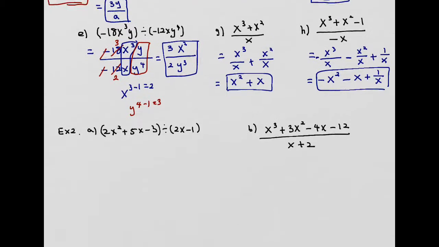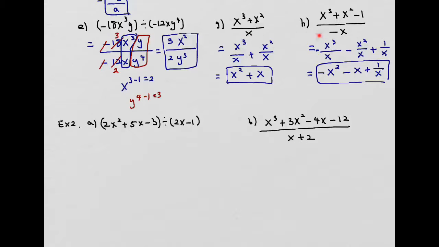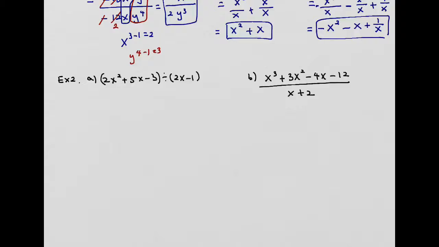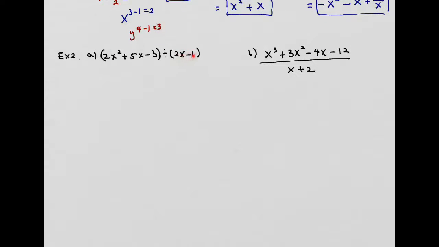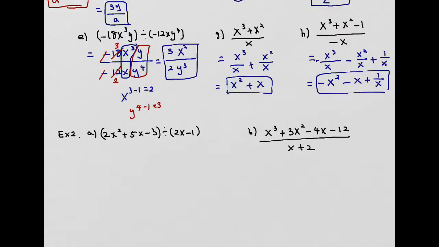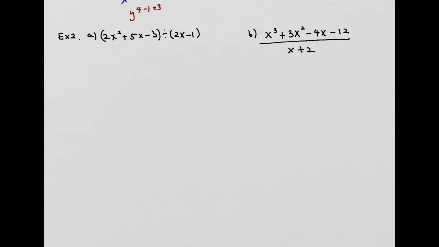Even this one, you're dividing with 1 term. When you're dividing with 2 terms or more than 1 term, you cannot use this method. You're going to use the long division method.